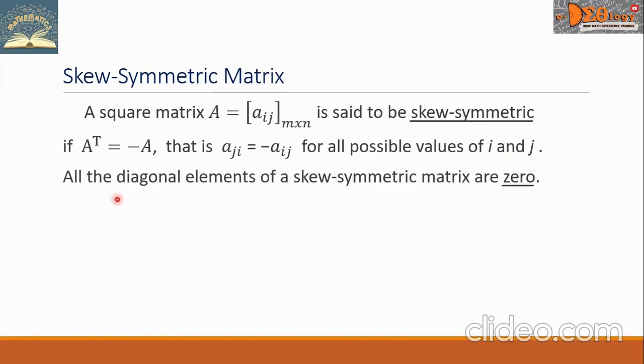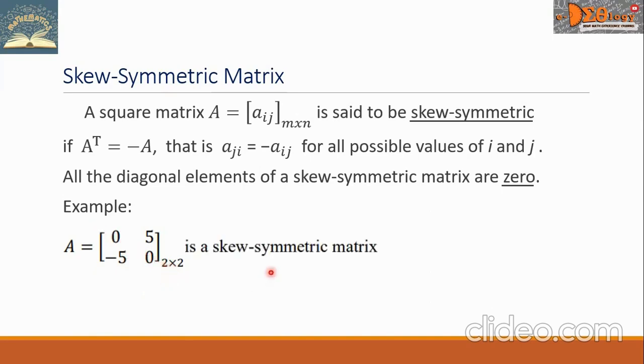Note that all the diagonal elements of a skew symmetric matrix are 0. Example, matrix A with elements 0, 5, negative 5, 0. We can see here that this is a 2 by 2 matrix. Also, the elements in the main diagonal are all 0. This is a skew symmetric matrix because the A transpose is equal to this matrix.